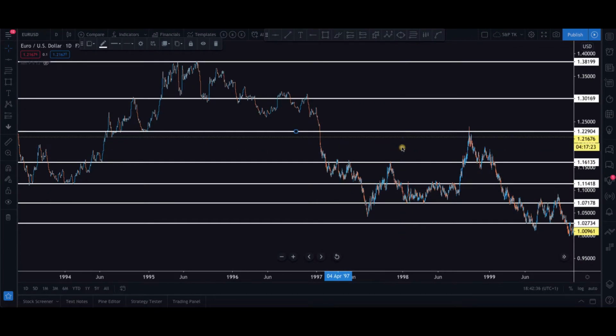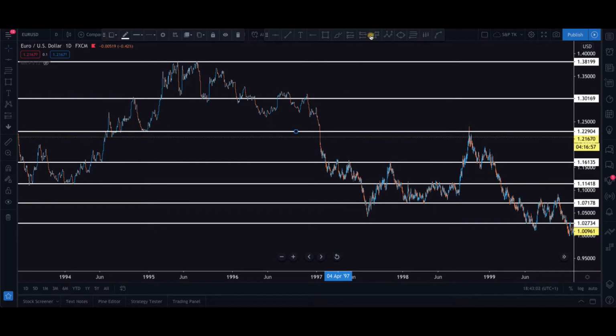Okay guys, so in this video we will speak about support and resistance. Okay, I already found all the support and resistance on the USD daily chart. So this is the traditional way to consider support and resistances.